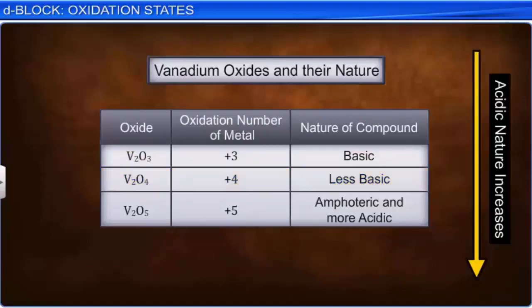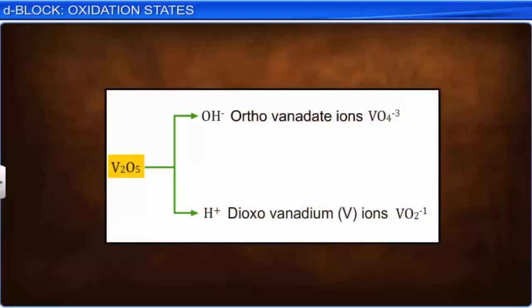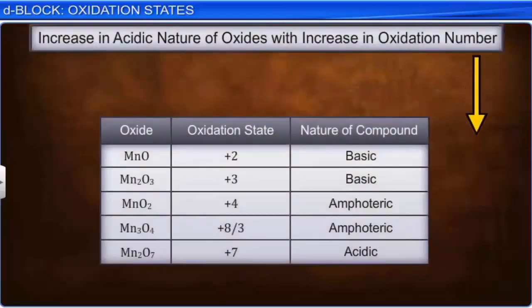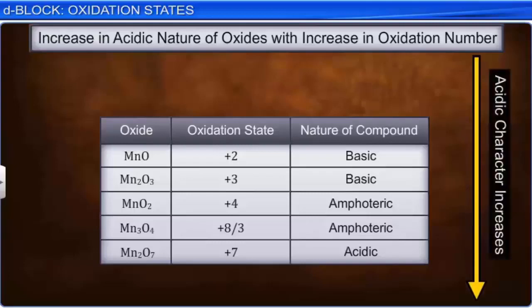Vanadium 5 oxide reacts with alkalis to give orthovanadiate ions, and with acids to give dioxovanadium 5 ions. In higher oxides, the acidic character is predominant. Thus, manganese 7 oxide gives permanganic acid, while chromium 6 oxide gives chromic acid and dichromic acid.